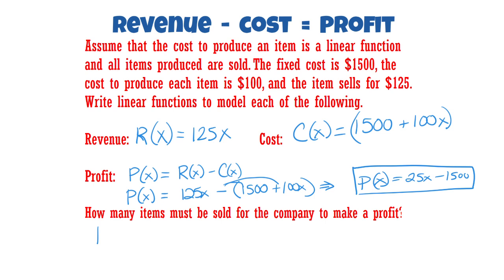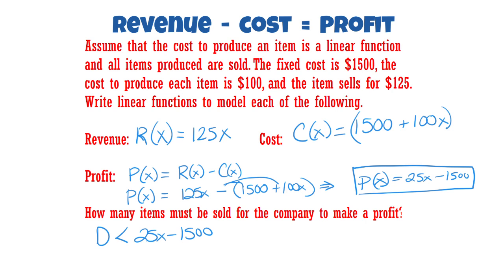We sometimes call 0 the break-even point. If I make $0 in profit, I just broke even. But I'm trying to make more than that. So I want 25x minus 1,500, my profit function, to be greater than 0, not even greater than or equal to. If I did an or equal to, I would only break even. I want to make a profit.